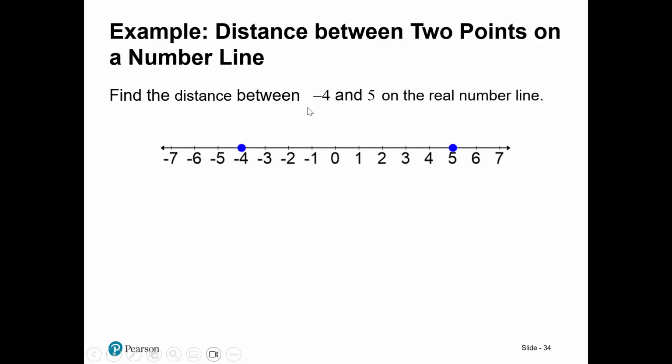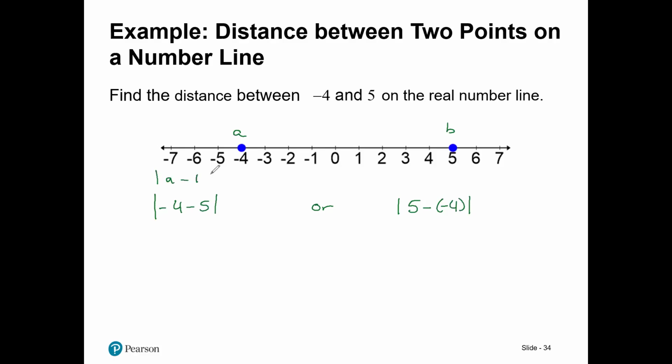So we want to find the distance between negative 4 and 5. We want that distance. We said A and B. So we either can say it's negative 4 minus 5, the absolute value, or we say it's 5 minus negative 4, absolute value.